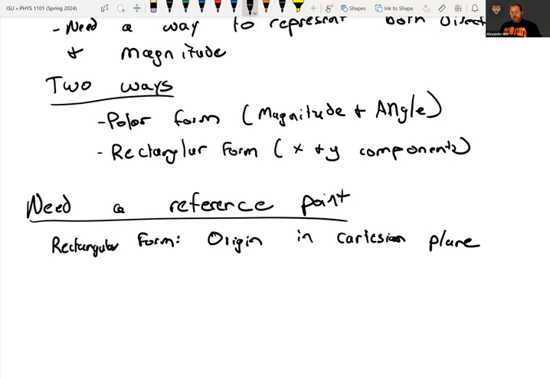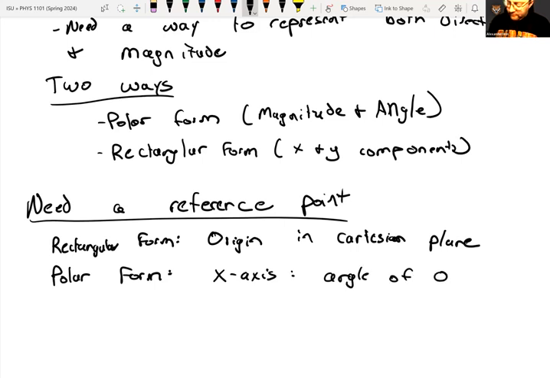With polar form, your reference point or reference direction will often be your x-axis, because this is defined as an angle of 0 degrees. So when you're talking about an angle of 0 degrees, that generally means your x-axis. Which direction your x-axis is pointing you can do however you want, but the idea is that you have the x-axis as your reference point, okay?